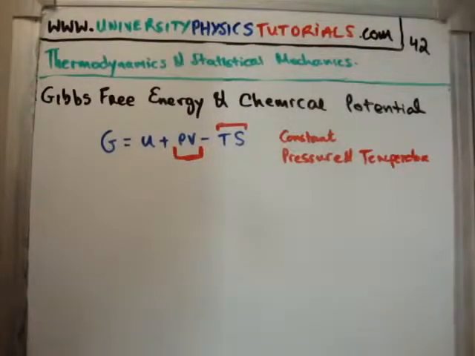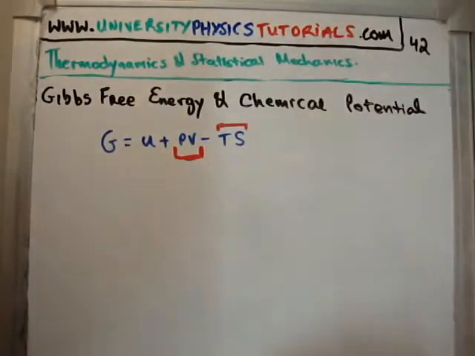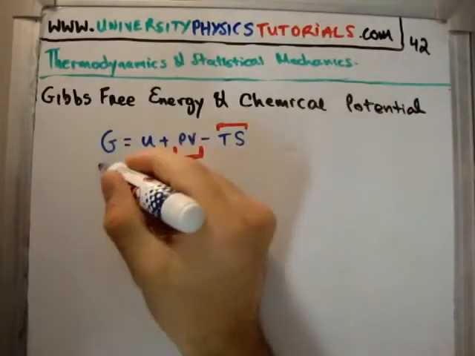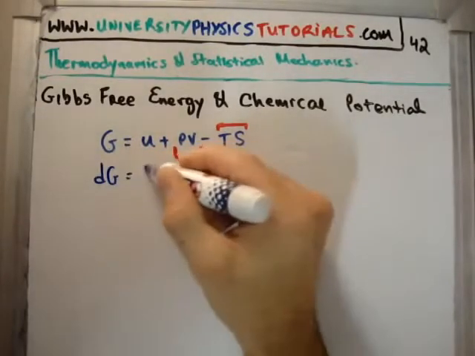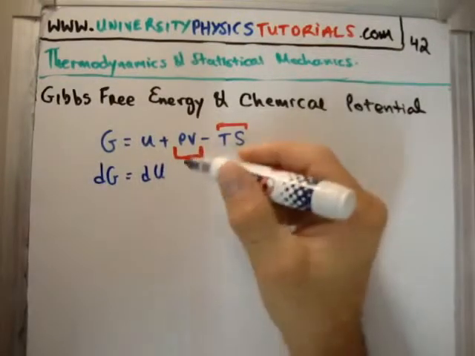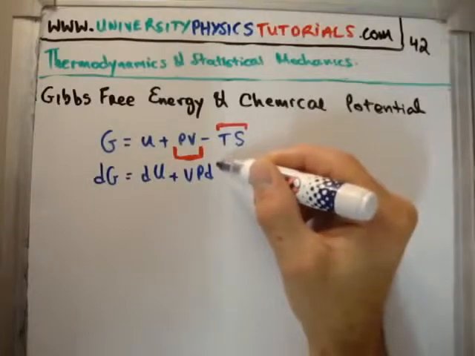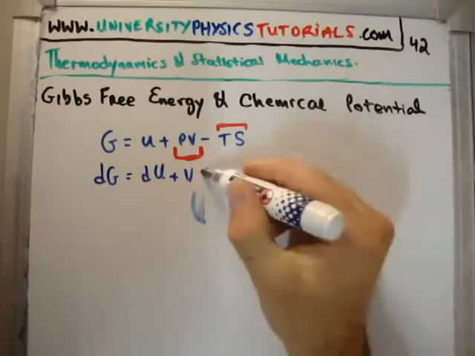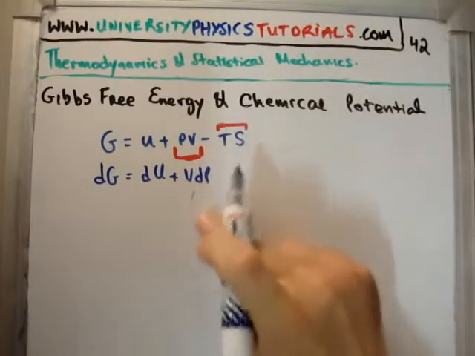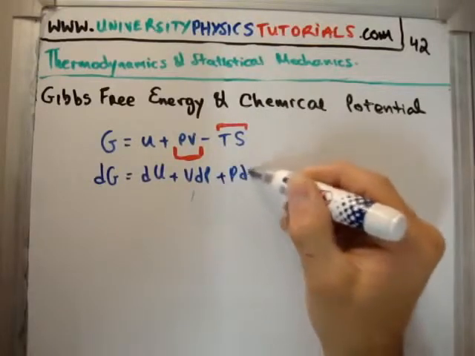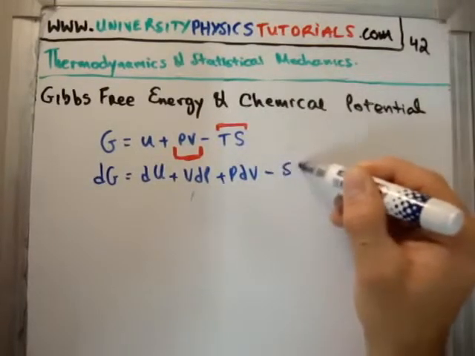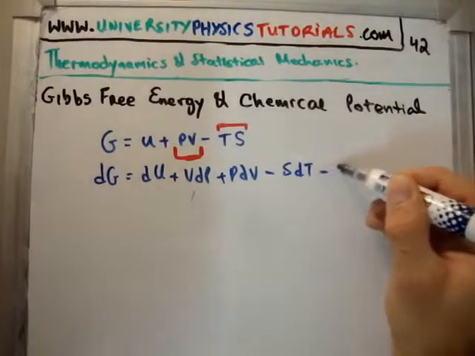So where do we go from here? Well, we also saw that the infinitesimal change in G is dG equal to dU plus V dP, that's supposed to be V dP, believe it or not, plus P dV minus S dT minus T dS.